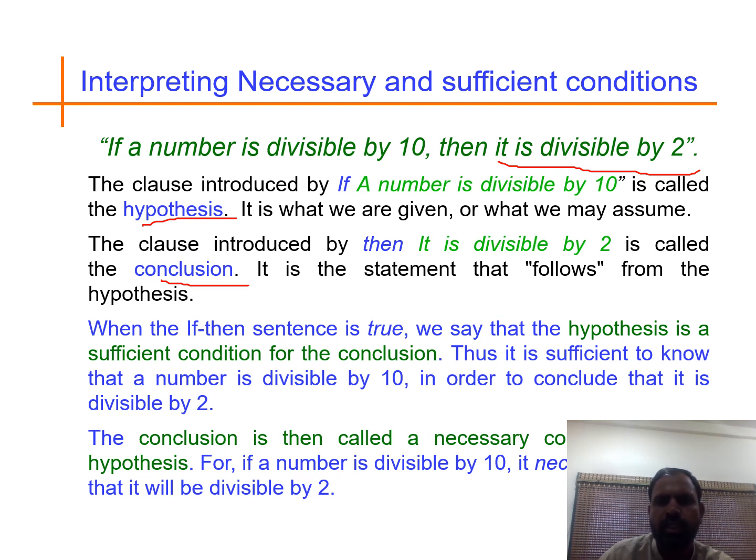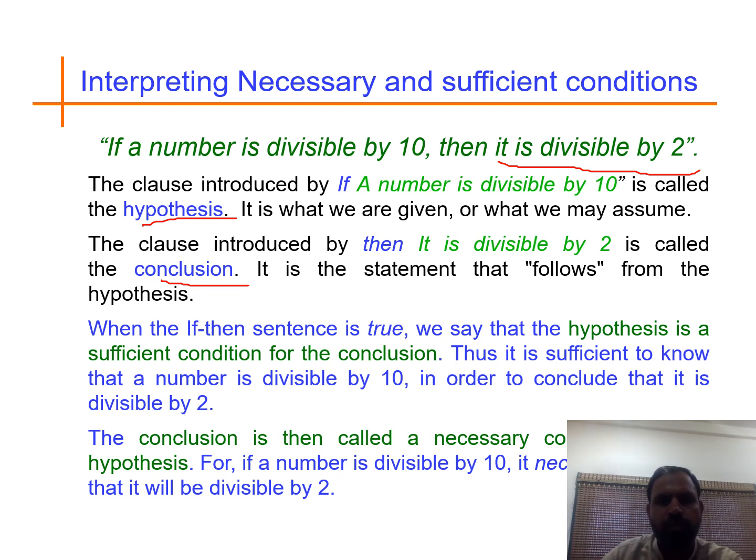So it is the statement that follows from the hypothesis. So we can easily find the result. If a number is divisible by 10, that is the hypothesis we presented here, and the conclusion will be that it is divisible by 2. So this number will be divisible by 2.